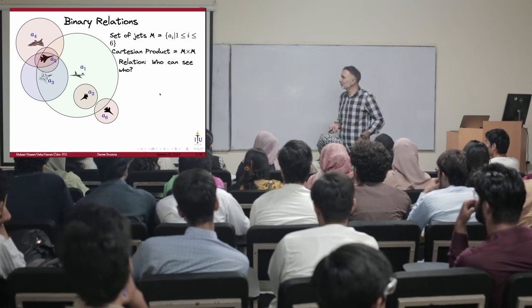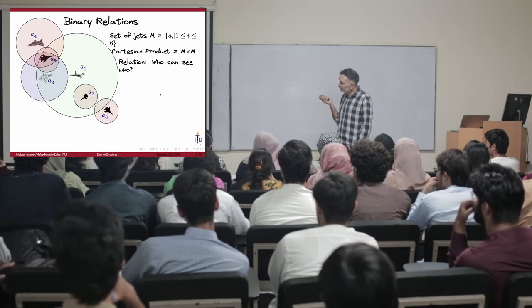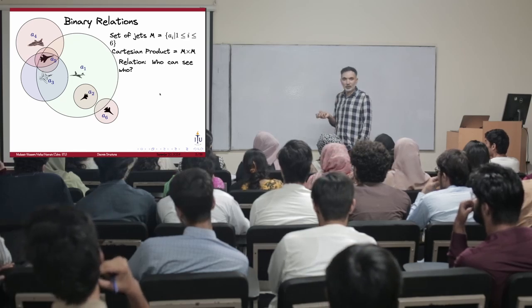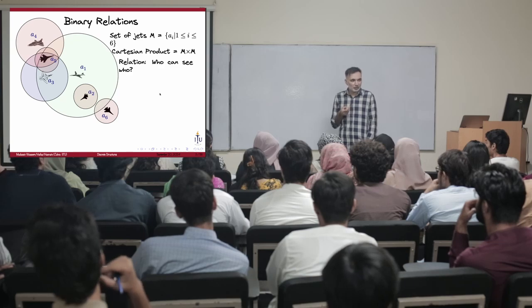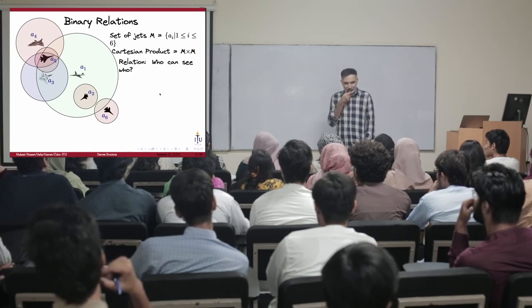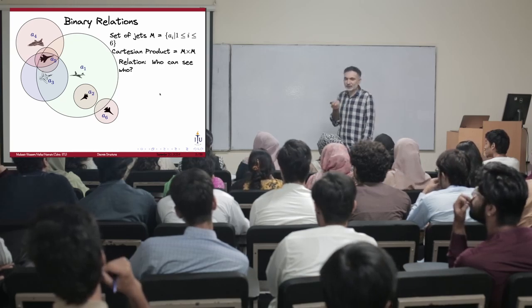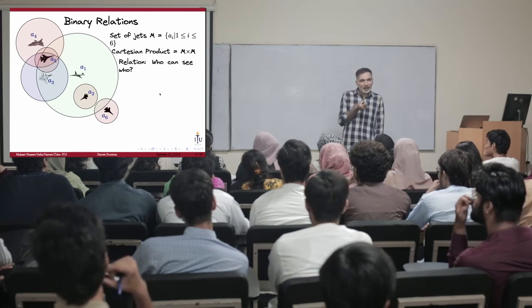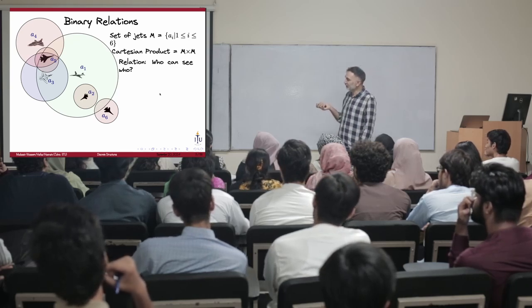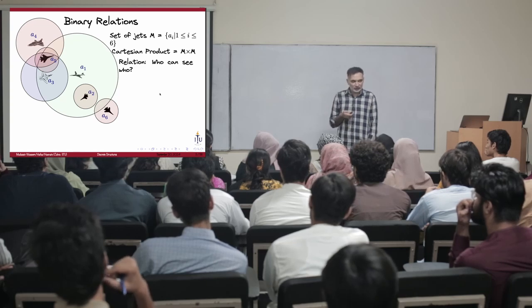The relation in here would be who can see who. That's the point of the whole exercise: the relation can model this sense of range effectively.